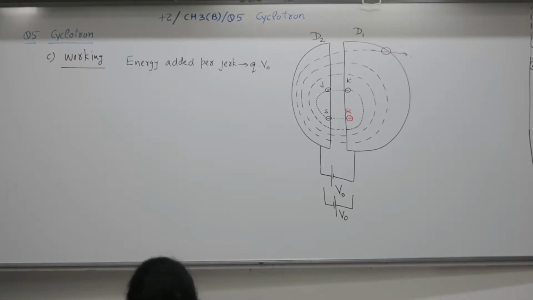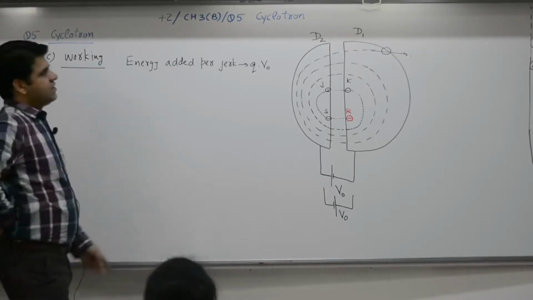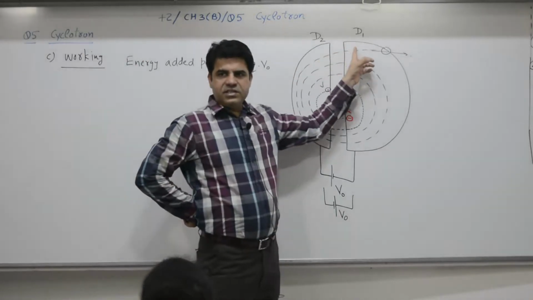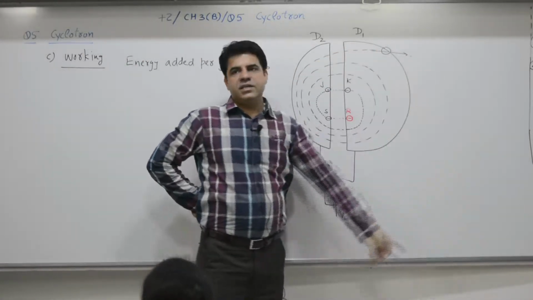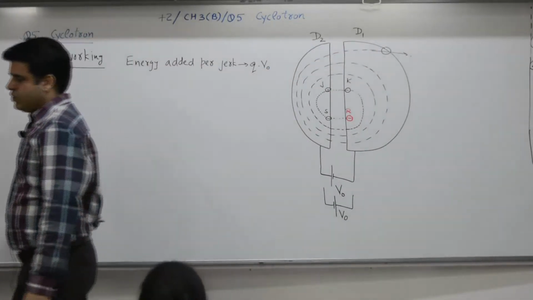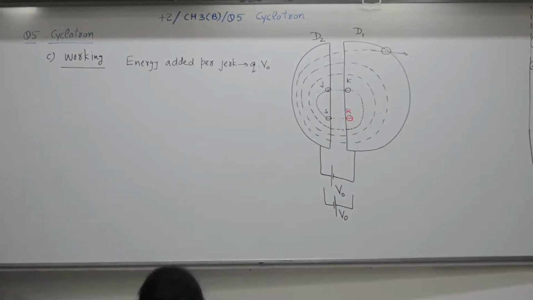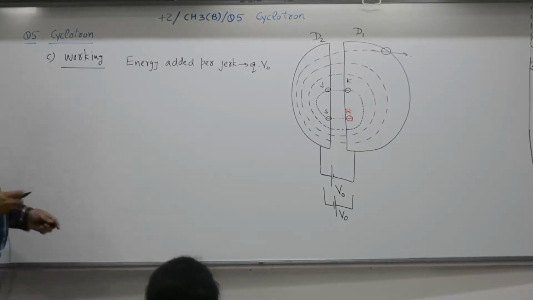Speed of the particle increases with increase in radius. When radius of particle circle is almost equal to the disk, otherwise it will hit the wall. Just before that, you take it out from the window. So, particle is taken out of the window marked as W.